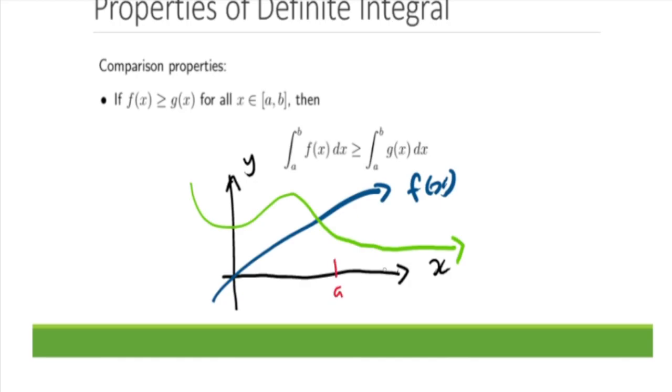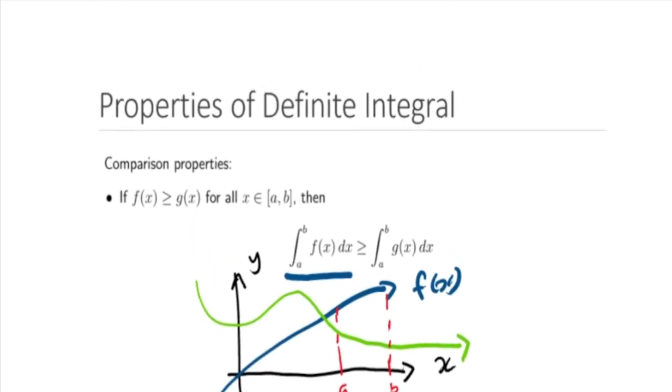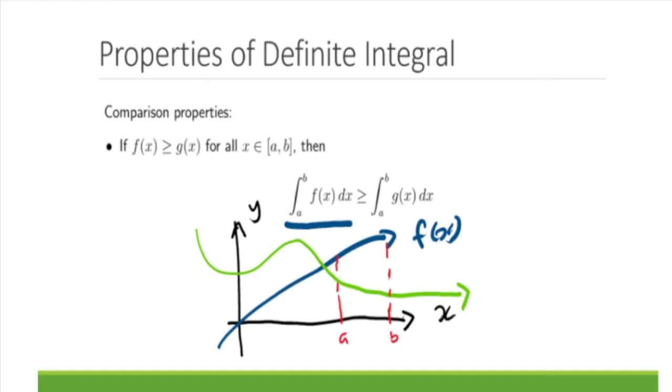Then this is our A to B. The first part here, this blue, technically means the area under F. This part here. And the area under G will be this part here. So what it says is that the area under F is always larger compared to the area under G.